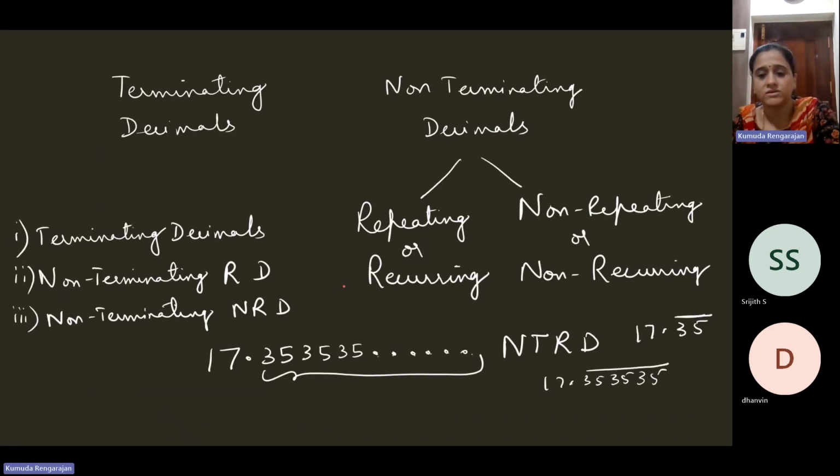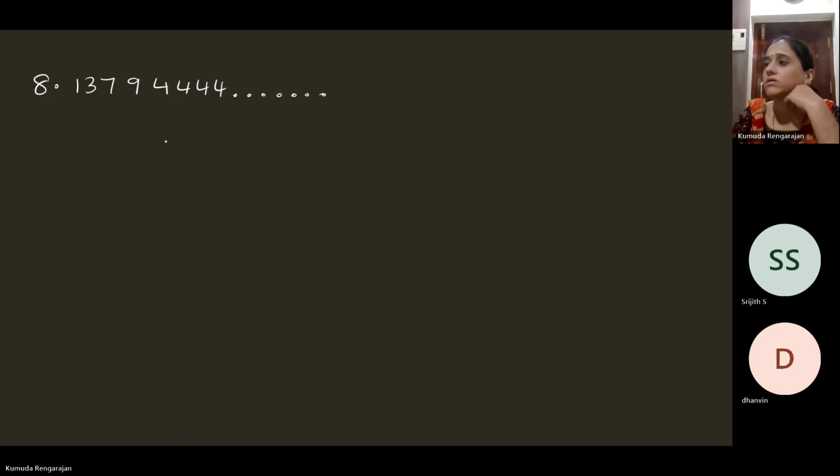Okay, now look at this. Look at this example, 8.13794. Now, can you see this? That means non-terminating.